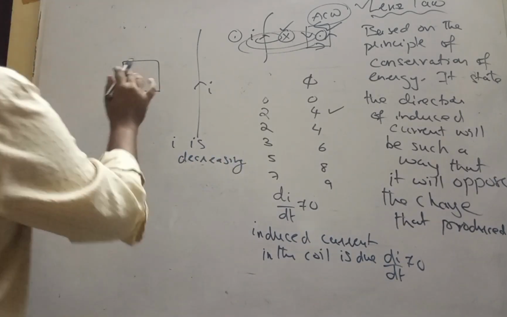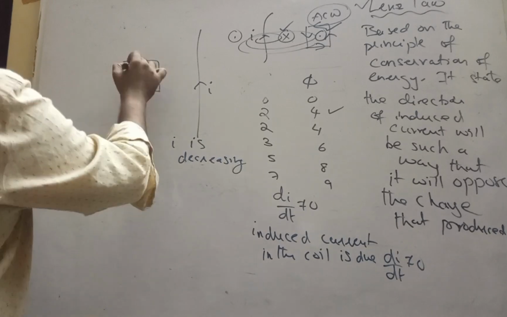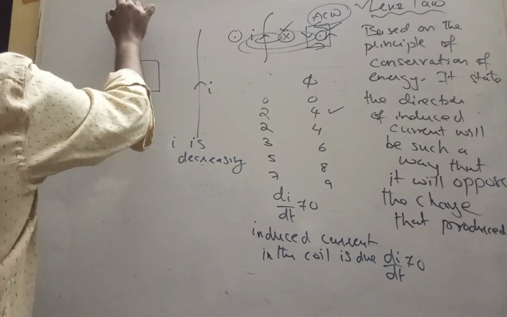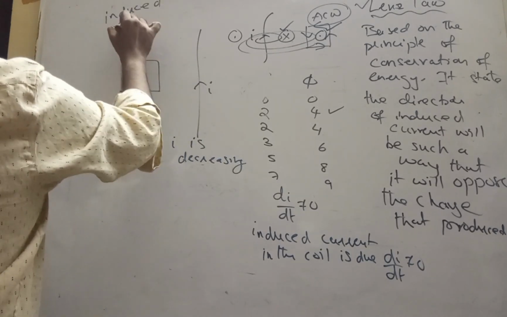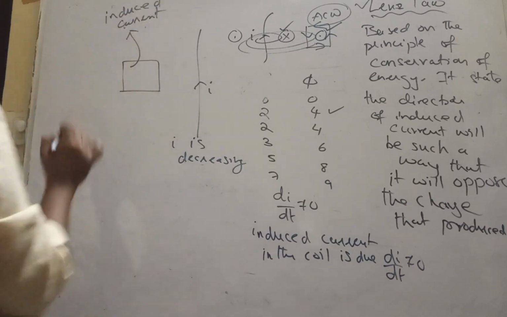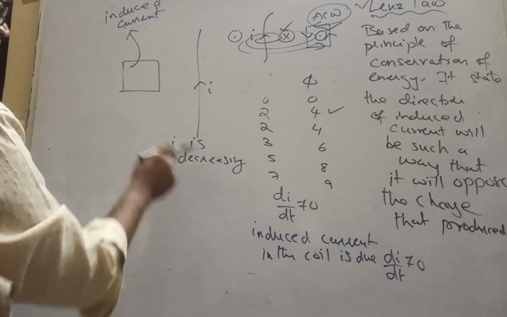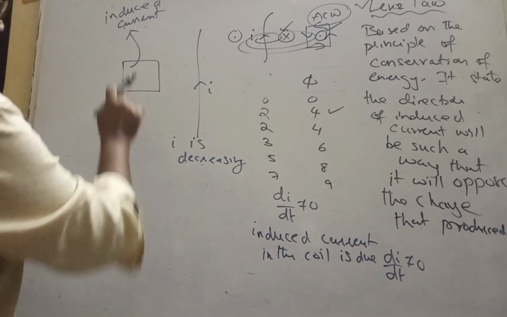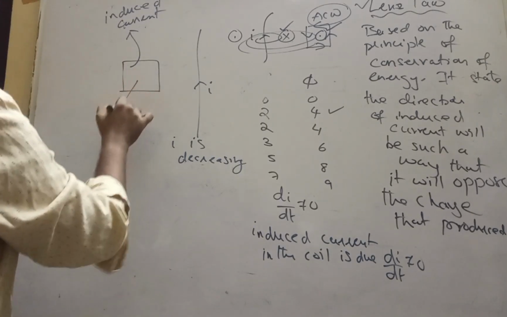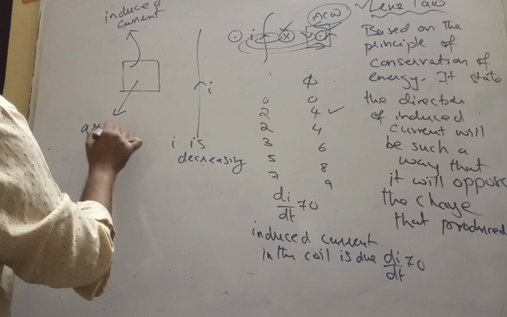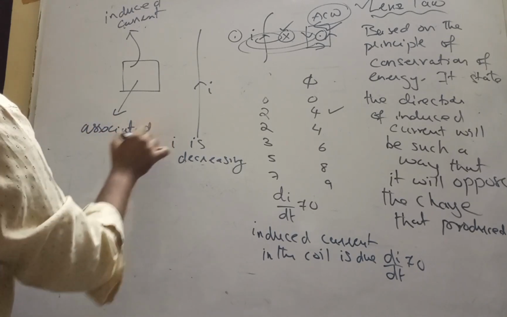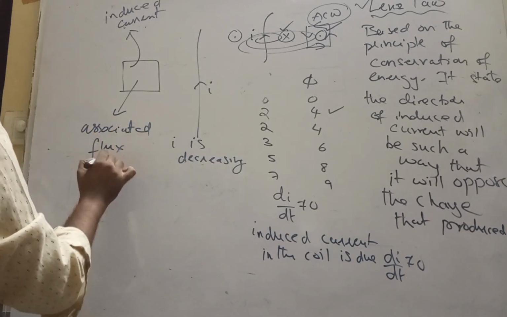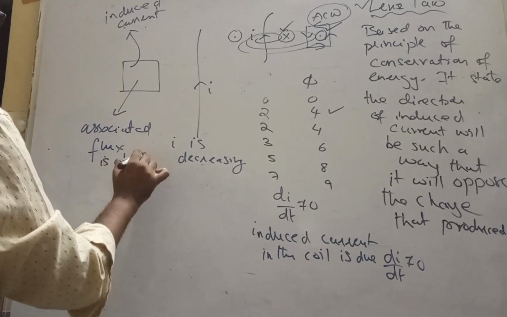What will be the direction of the induced current? The induced current will be developed in this coil. Because I is decreasing, the flux will change, and first of all we have to ensure that the associated flux is changing.